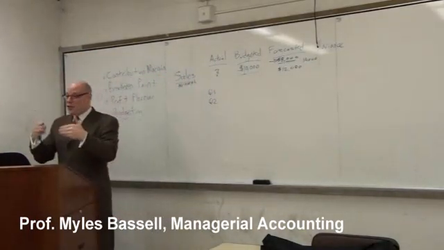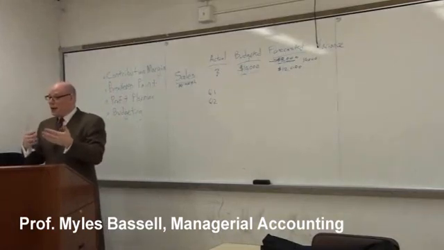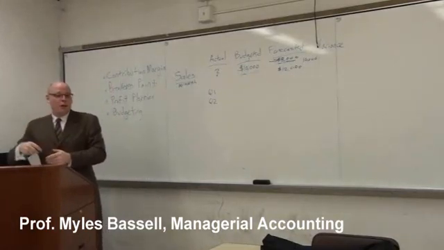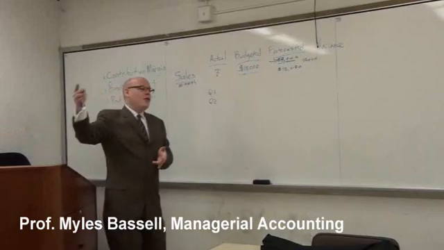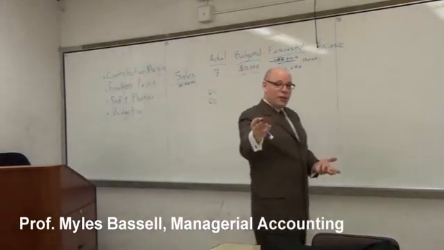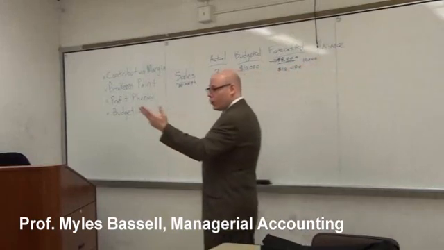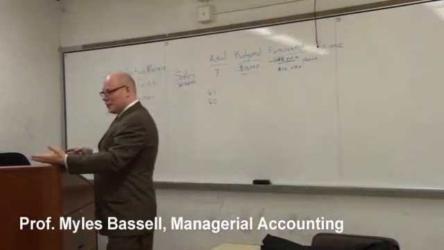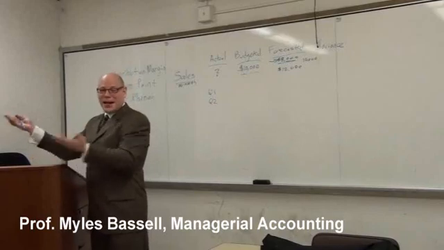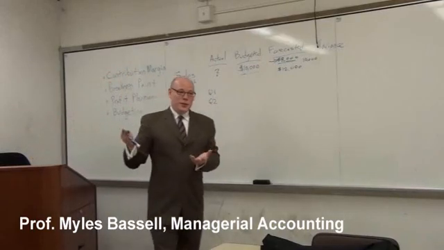But what about cash? We need to know how much cash we have, because in order to pay Mary's salary, and in order to pay Abigail her commission, we need to have cash. Unless, Mary, are you going to accept an IOU? Mary says, I got bills to pay myself.